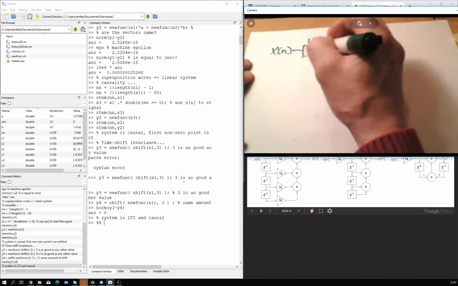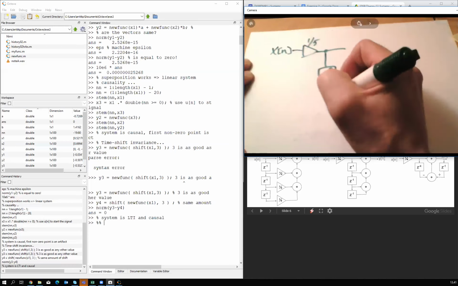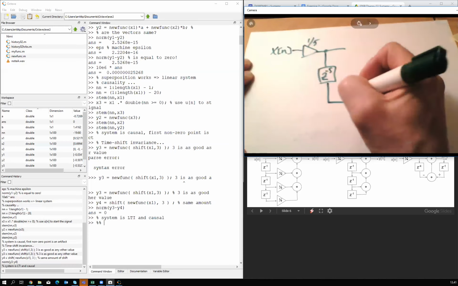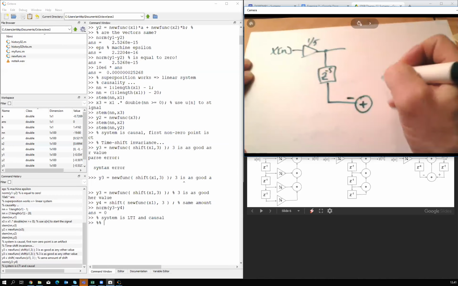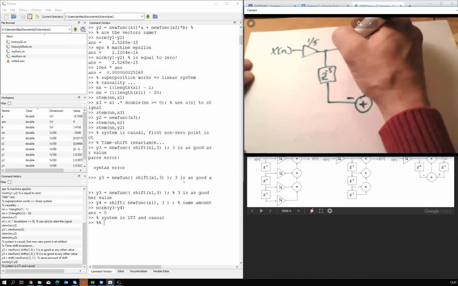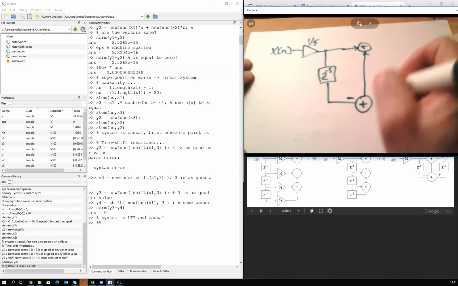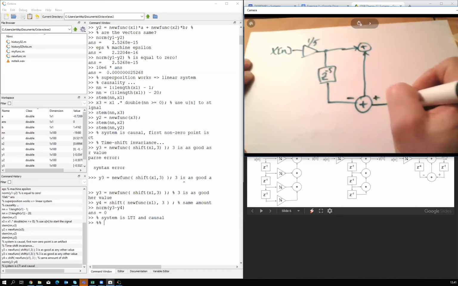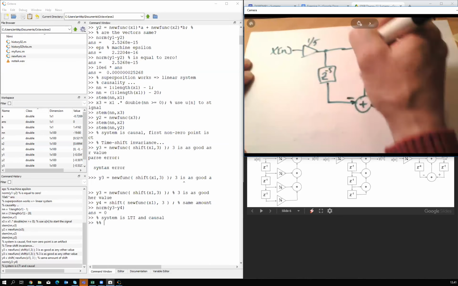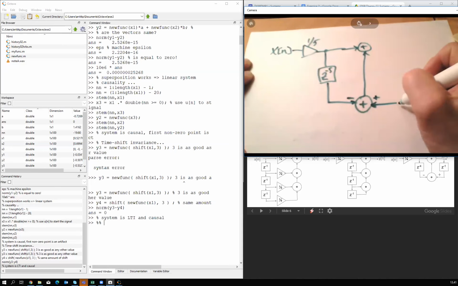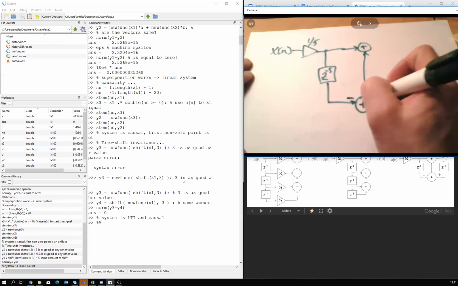Delay z to the minus 5, minus, to the summing junction, same way as in analog systems. Y of n minus 1, that's also minus.